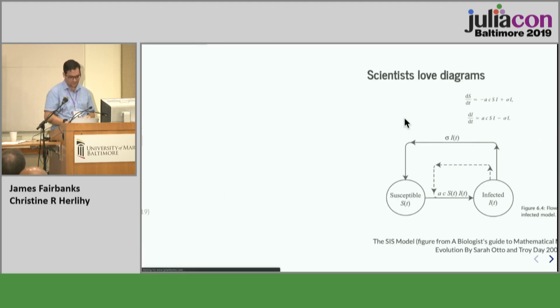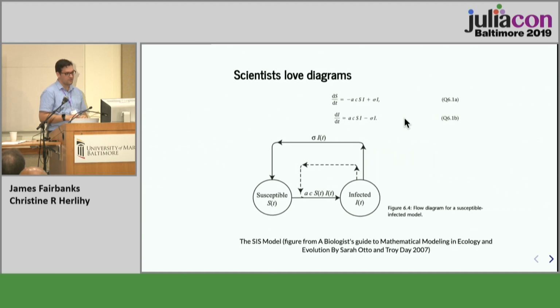Okay. Here's another example of a diagram that scientists love. So this is from biology, a textbook here on ecology and evolution. It's called the Susceptible Infected Model of Disease. So a person can be a susceptible person, or they can be infected, and when they interact, susceptible people can become infected when they meet infected people.